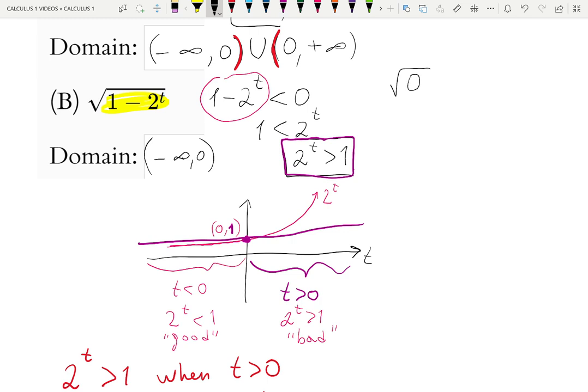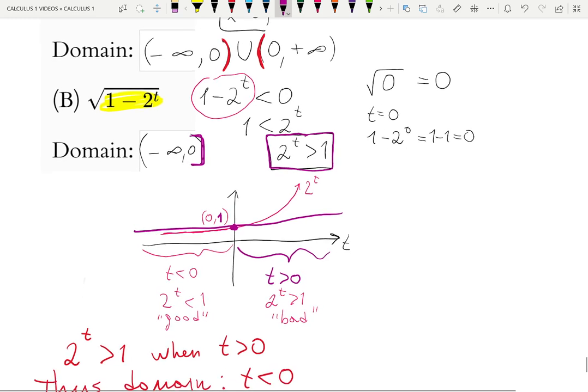But what happens when t is 0, then 1 minus 2 to the 0 becomes 1 minus 1, and it gives you 0. Square root of 0 is 0. It's not a bad point. Thus, we include the 0 in the domain for this case. Does that make sense? Hopefully it does.